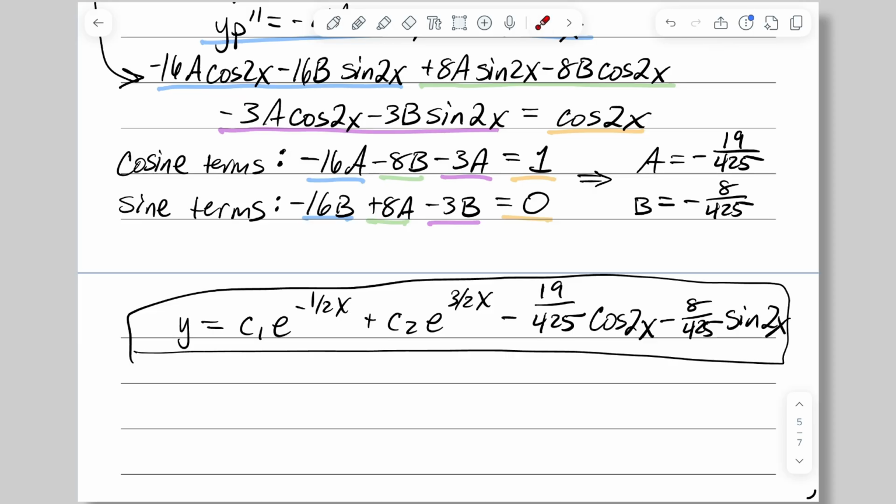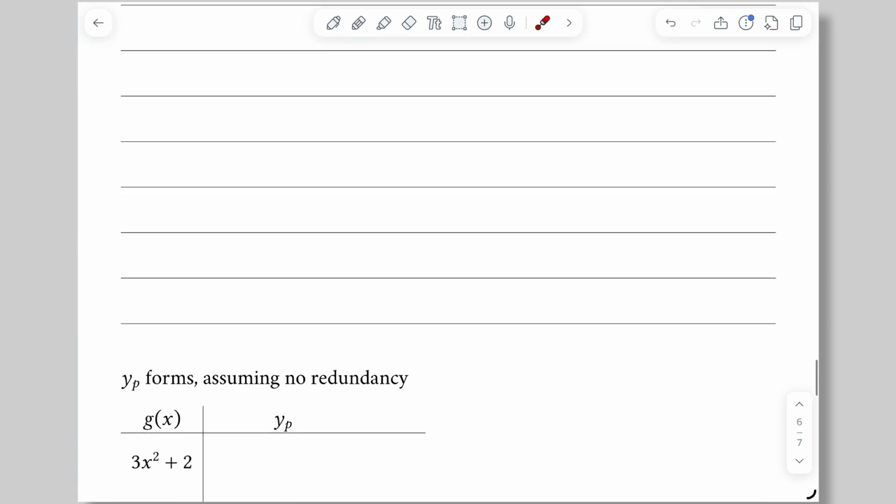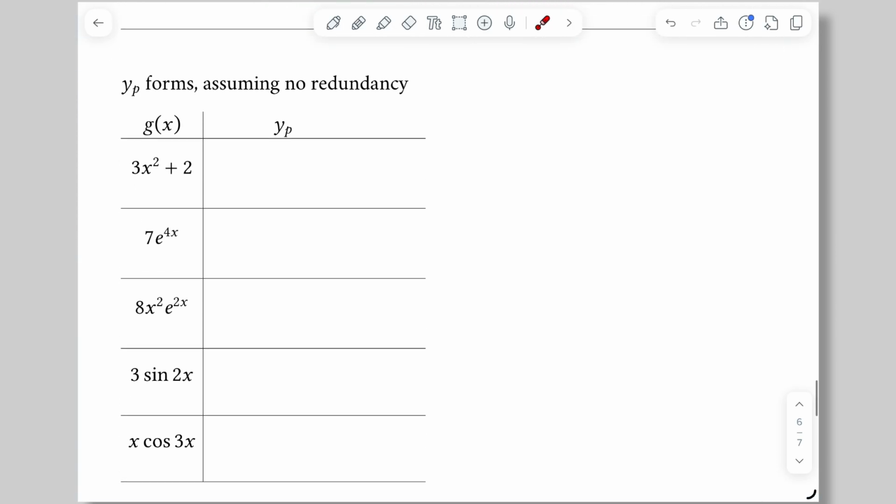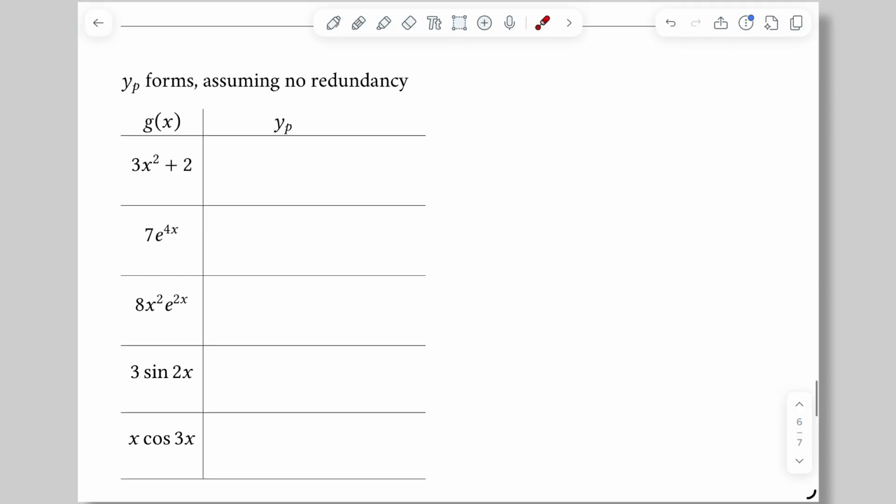As you may be seeing here, having the correct form for your y sub p when you start all this is really essential. And so that's what we're going to look at now. Assuming there's no redundancy, if our forcing function g of x is 3x plus 2, we have a form for y sub p. Here's what I'll do.